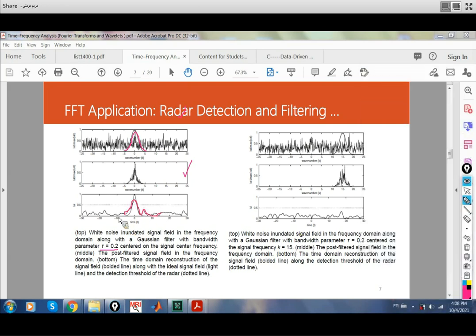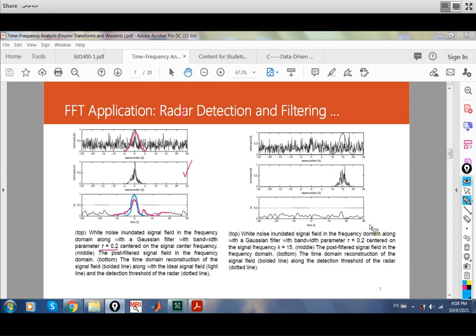And if we compare this pink signal with our original signal, we see that the pink and blue are near to each other. It is not the same, but they are near to each other, and it is acceptable for us.